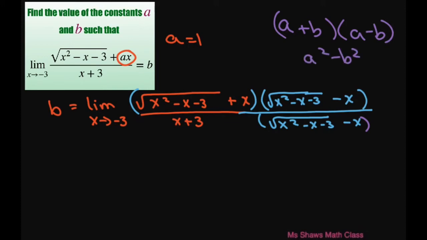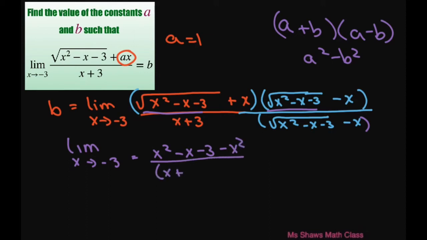So we're going to get the limit as x approaches -3 of, this is going to just alleviate the square root part, x squared minus x minus 3 and then minus x squared, all divided by x plus 3 times the square root of x squared minus x minus 3, then minus x here.